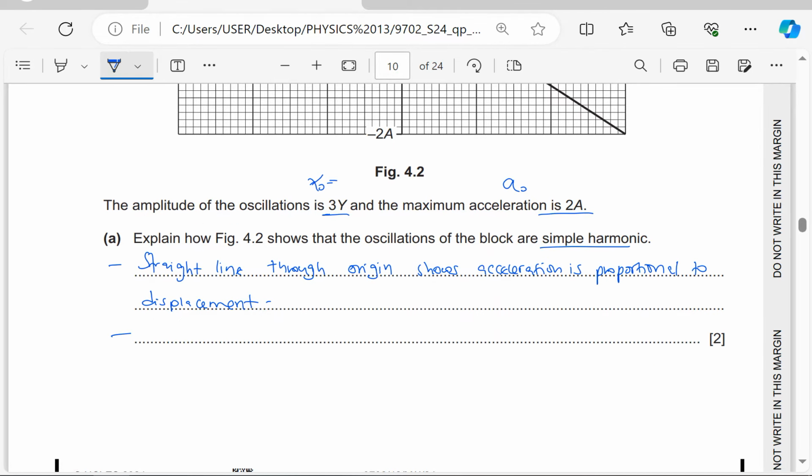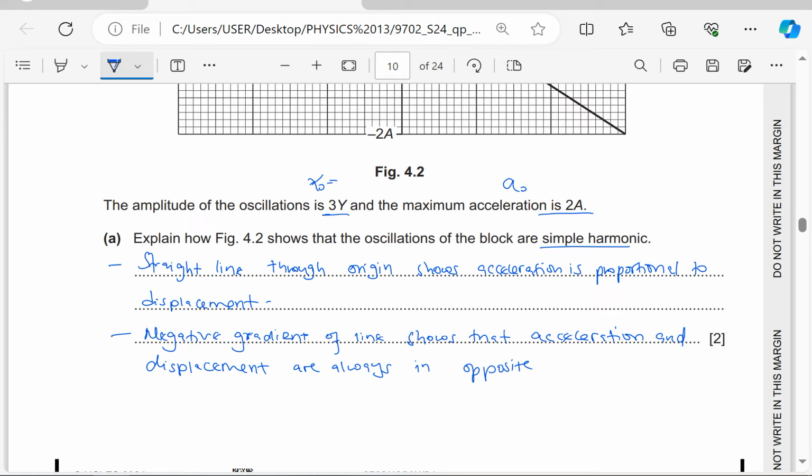Number two, the negative gradient of the line shows that, let me write in full, acceleration and displacement are always in opposite directions.